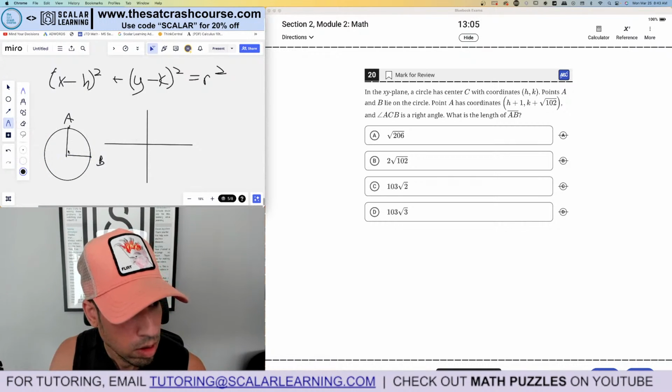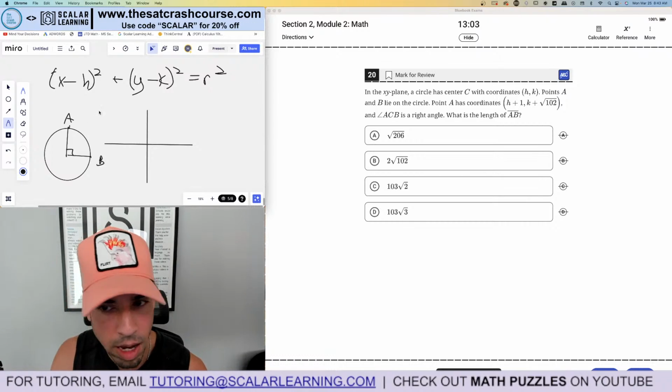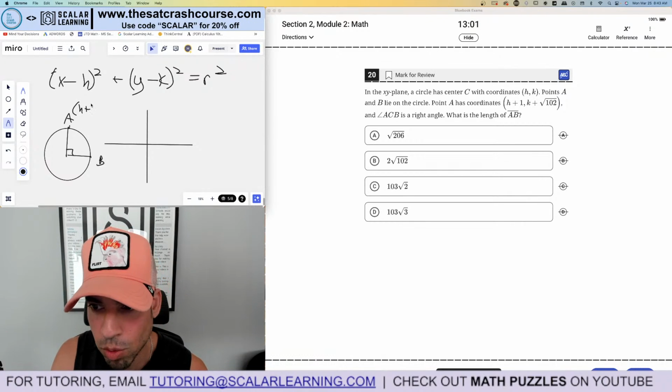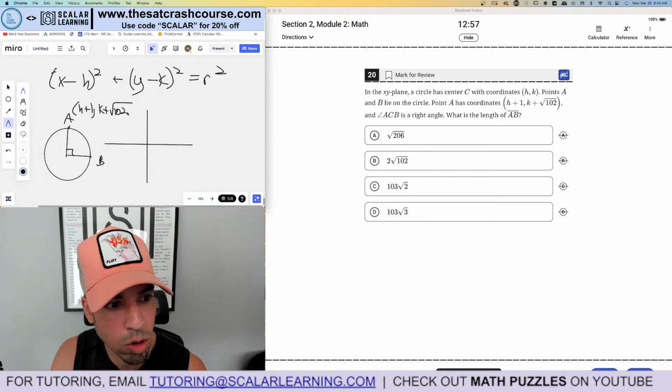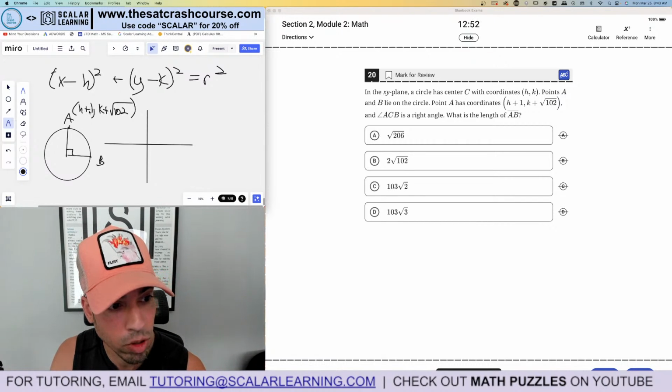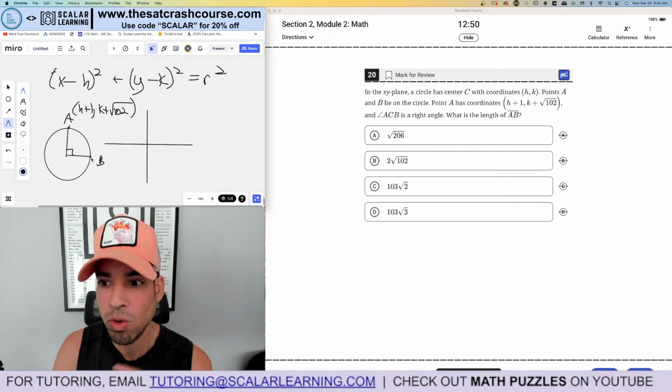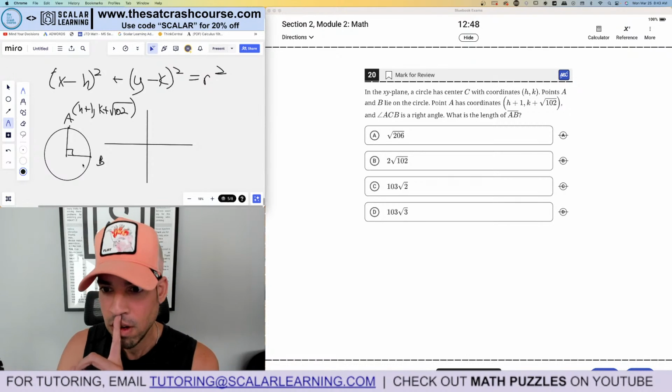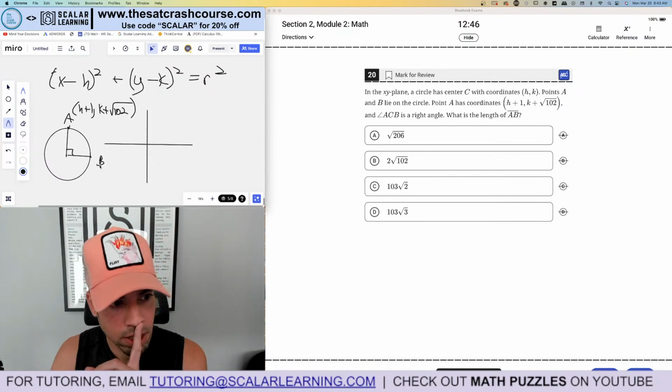Then point A is h plus 1, comma, k plus rad 102. So it's 1 to the right of the center and rad 102 above. And then they want this length, which is the hypotenuse.